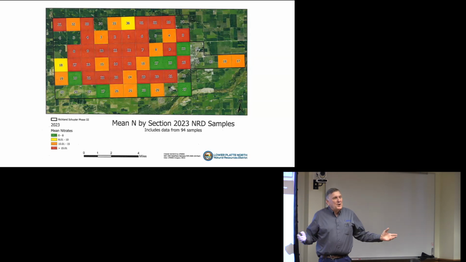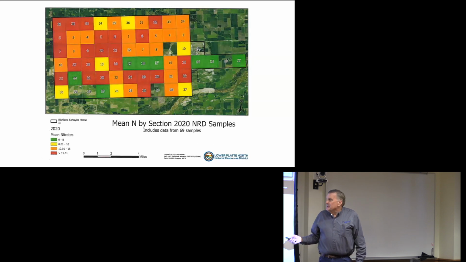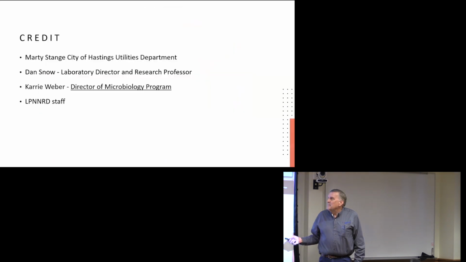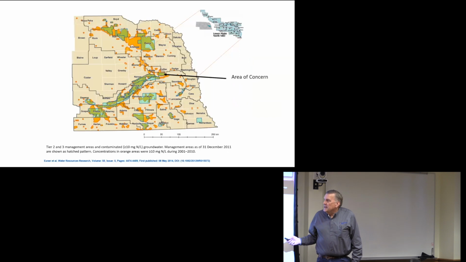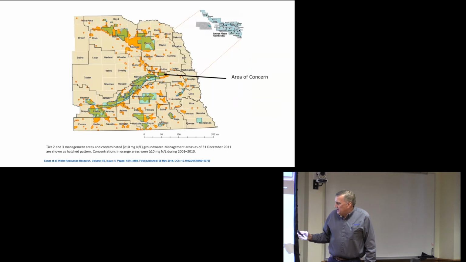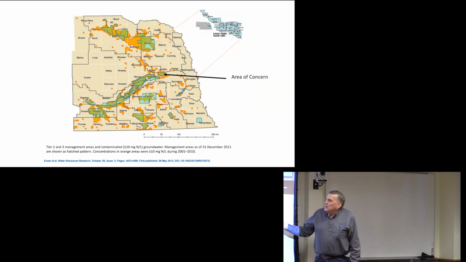And there are 23 NRDs throughout the state, for your information. We'll go back to the first map. It doesn't show all of them, but this is a lot of our neighboring NRDs: Lower Loup, Central Platte, Upper Big Blue, Lower Platte South, Papio-Missouri River, Lower Elkhorn, Upper Elkhorn, Lewis and Clark.